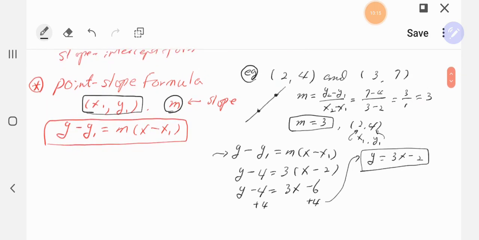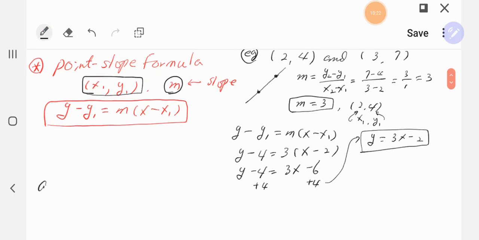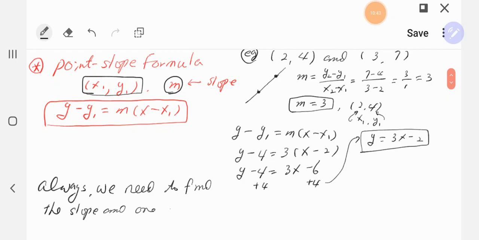So this is not actually difficult. What you have to do is always find the slope and 1 point.